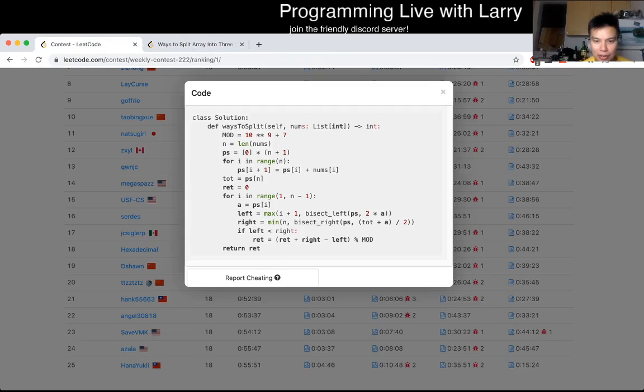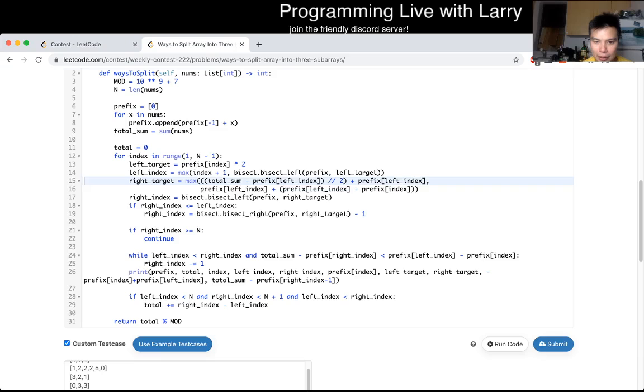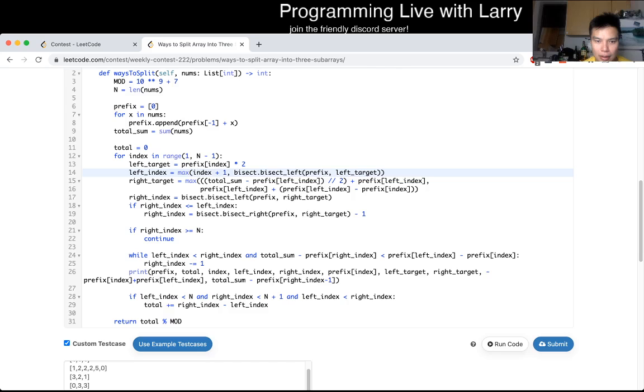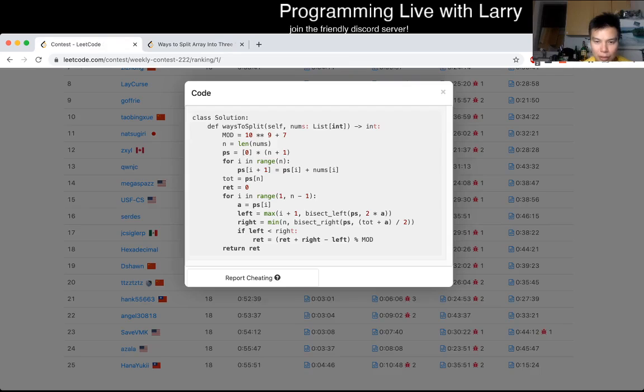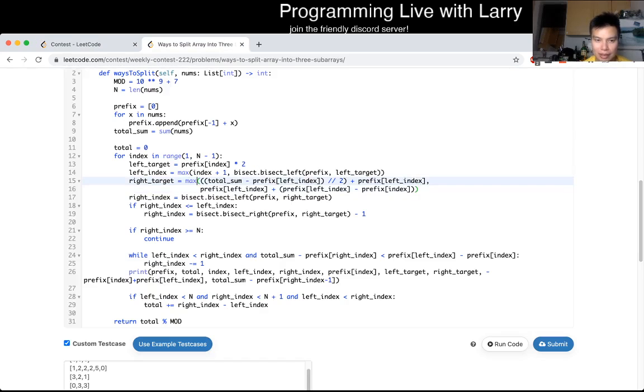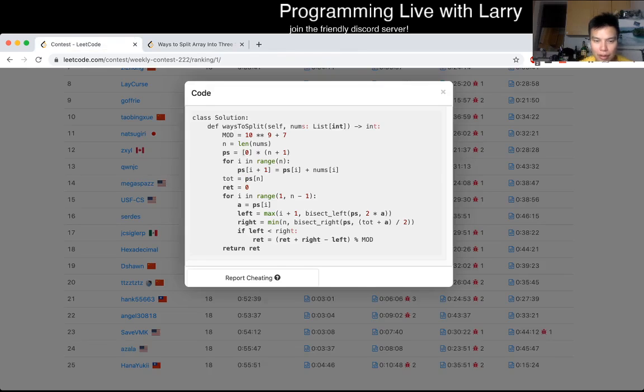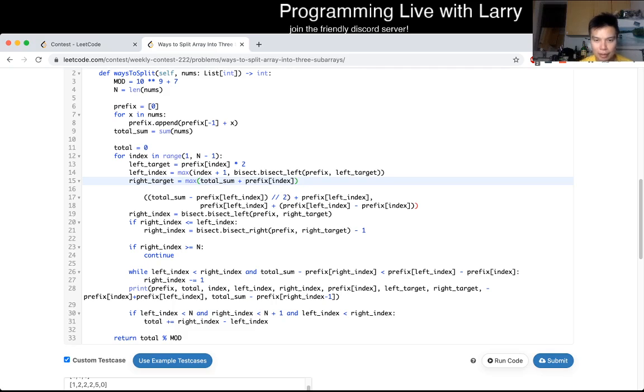Right, as you go through, you have a bunch of stuff, but bisect total plus a over 2. Is that really that? I mean, I had something similar, but total sum plus prefix index over 2.